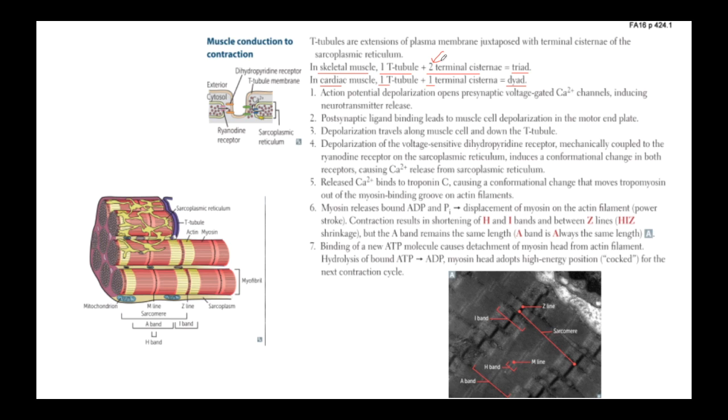Just to go through this conduction system one more time, we have an action potential opening our voltage-gated calcium channels, allowing the calcium to come out into the cytoplasm. And these are our dihydropyridine channels.